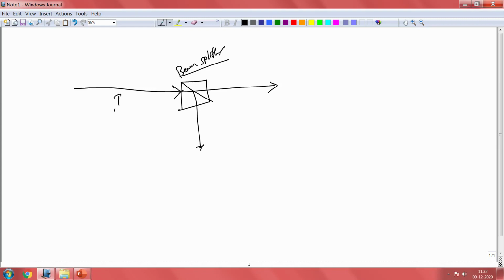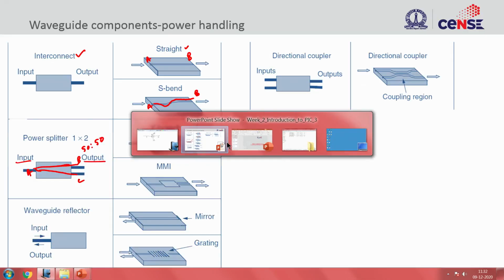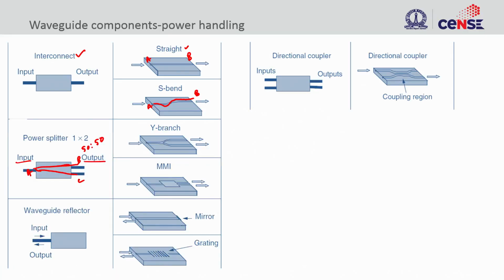So if you send in intensity I, it will be I by 2 and I by 2. So half of the light is getting split. This is a very simple beam splitter configuration, but you need a very large element called a beam splitter when it comes to bulk optics.